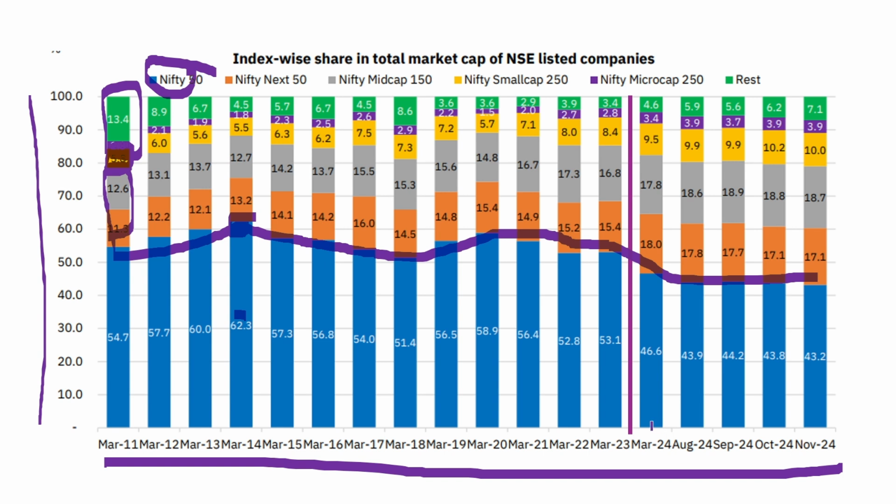For these graphs, March 21, March 24, August 24, it has decreased from 53 to 60, 46, then 43, and now for November it was 43. So this is a very big percentage that the large cap has dropped.